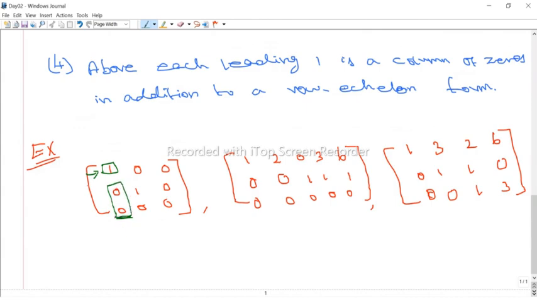Okay, next we scan the second row. The first non-zero entry should be after the first column, because in the previous row the first non-zero entry is in the first column. Therefore, in the second row the first non-zero entry should be in the second or third column, but not the first column.